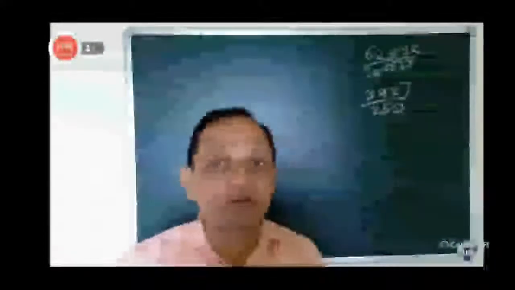According to Bhaskaracharya, the value of pi equals 3,927 by 250. The most accurate value of pi in modern mathematics and science is according to Ramanujan: 9,801 by 1,103 root 8.